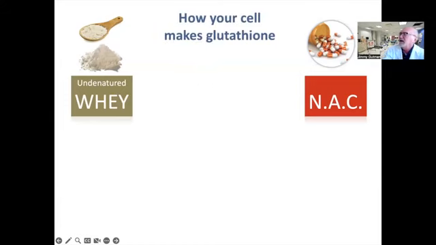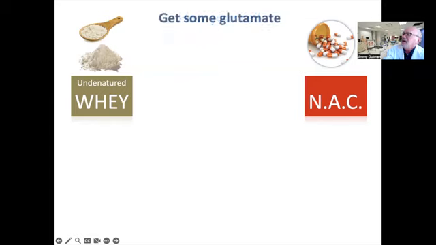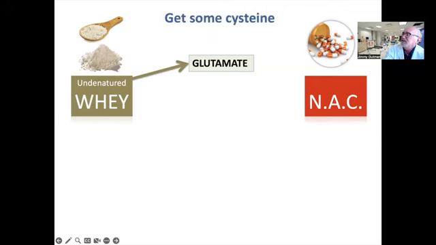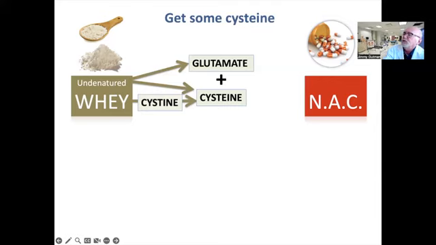Let's look again at how a cell makes glutathione. You see, glutathione is made by the cell. Get some glutamate. Where? Well, whey protein will provide you with glutamate. NAC will not. Get some cysteine. Again, whey protein will provide a great source of cysteine, and in its undenatured form will also provide you with cysteine in the form of bonded cysteine.